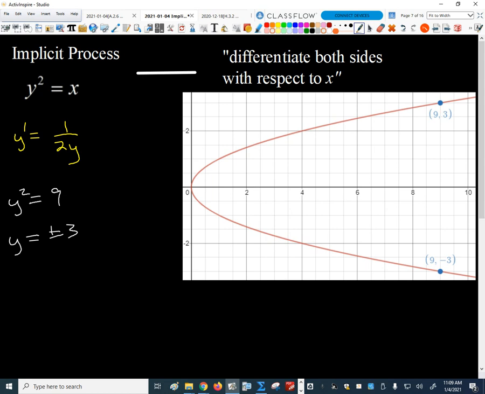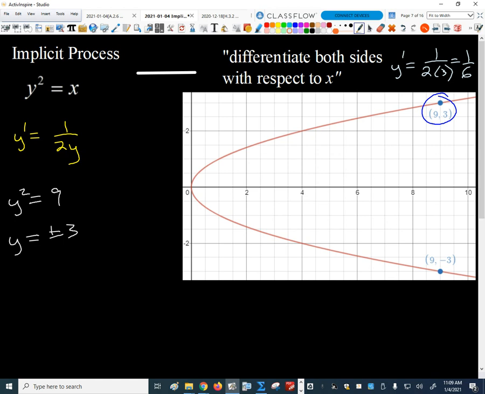What about my derivative? Well, y prime equals 1 over 2y. Let's apply that to this point up here. If I apply it to this point, y prime would equal 1 over 2 times this y value is 3, right? At this point, y is equal to 3. So my slope is 1/6.